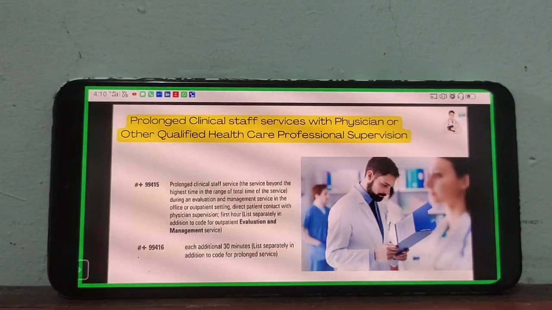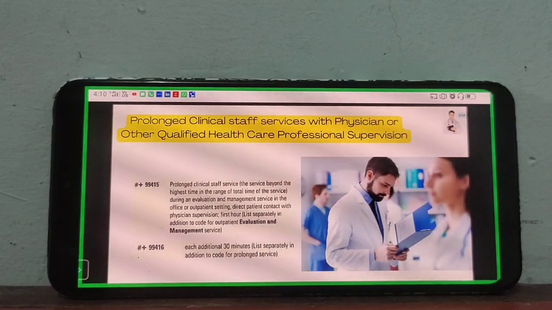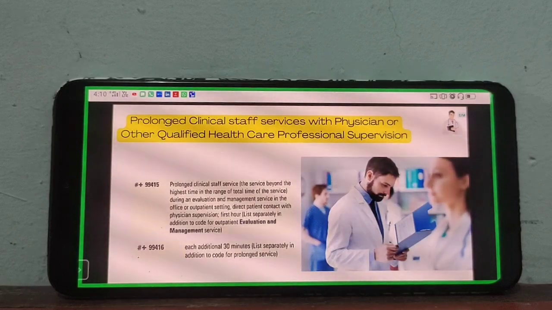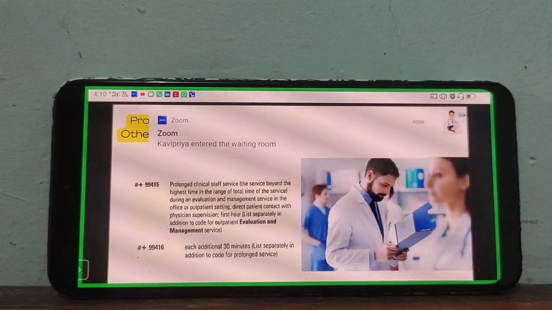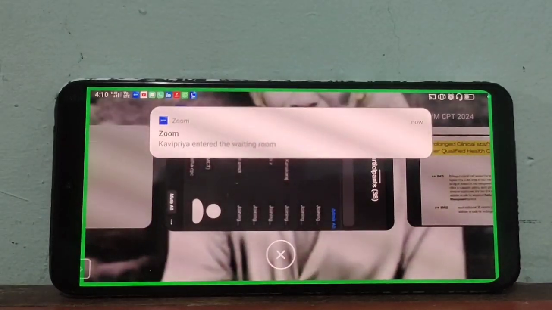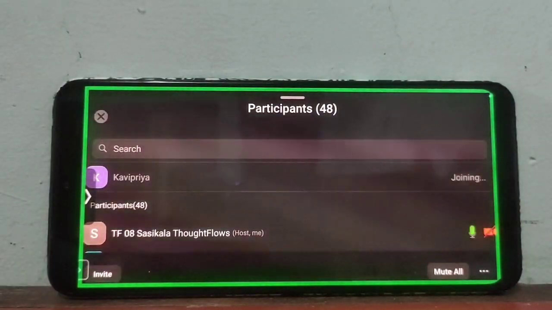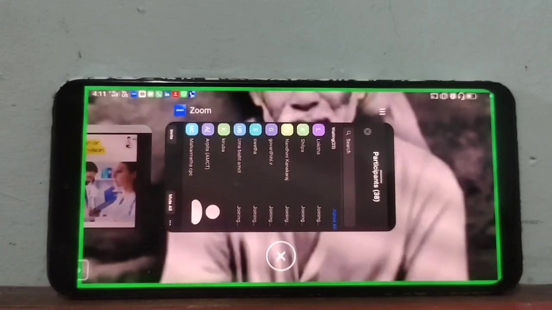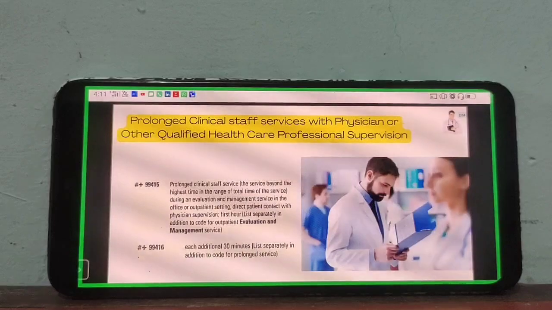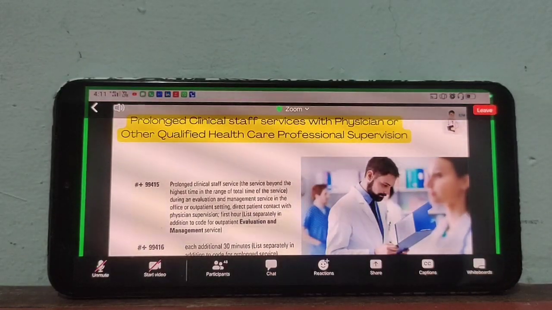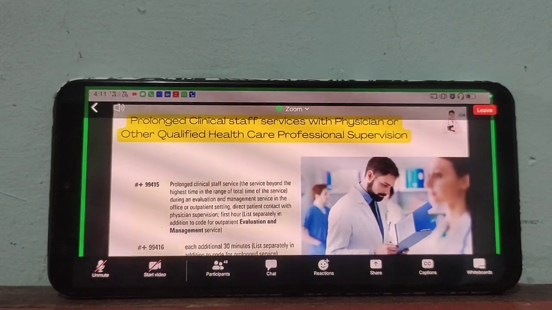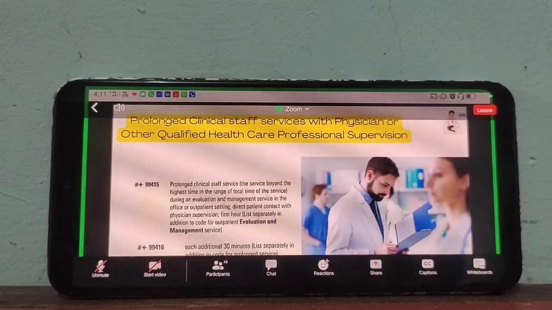These codes are also used to report the service of clinical staff, nurses, training doctors, like that. Training doctors are not considered as a resident physician. They are considered as clinical staff only, because they have to complete their training and complete the course. Then only will they be given approval to practice as a physician.